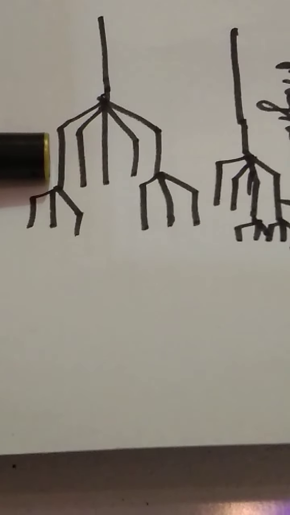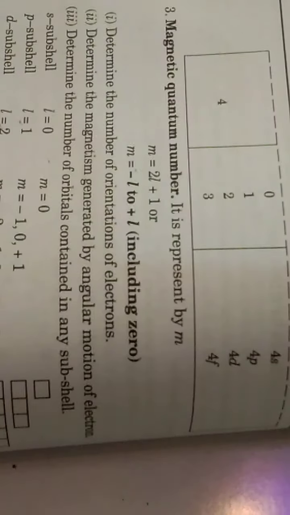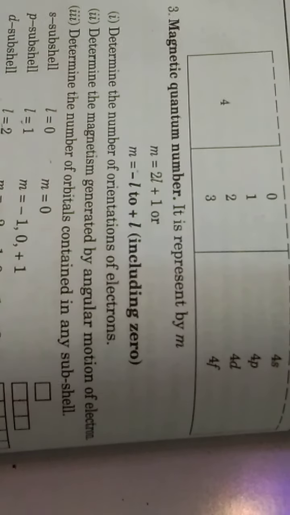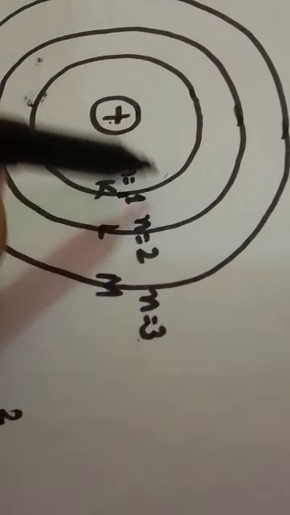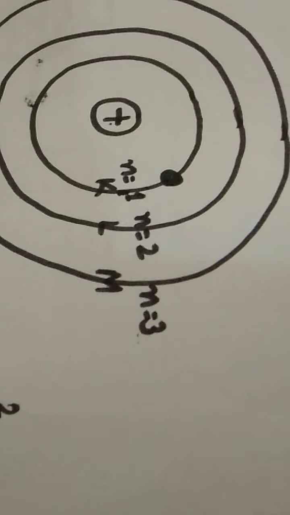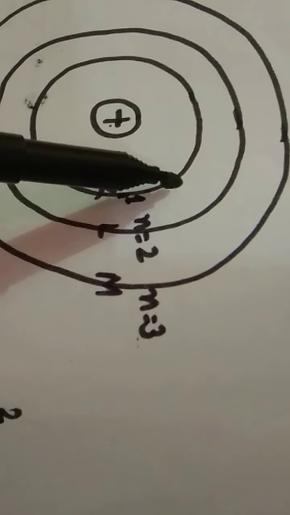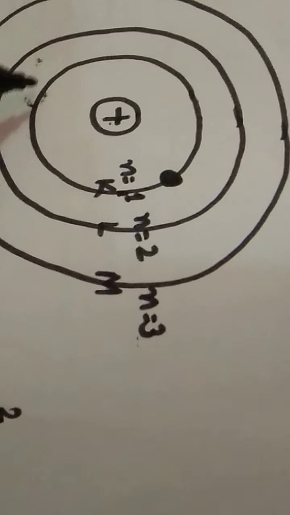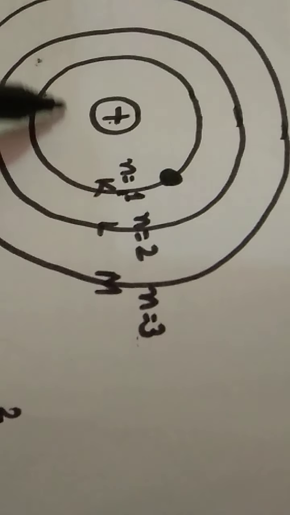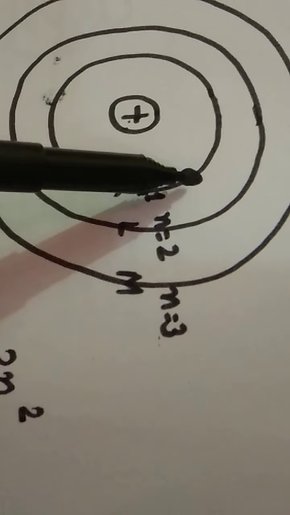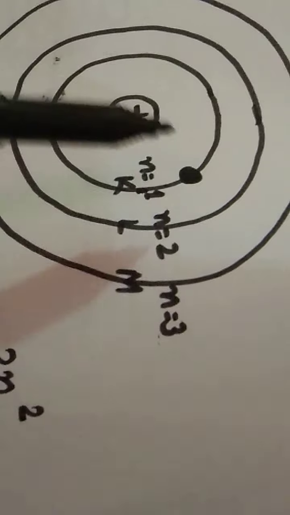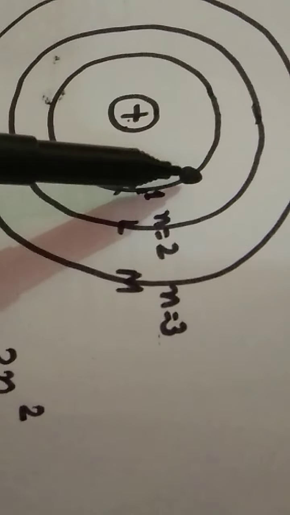So children, when an electron moves in orbital motion around the nucleus, we'll come to this again. Now here we have one electron. If this electron is moving in an orbital motion around this nucleus, then it will generate an electric field. Now what happens, children?